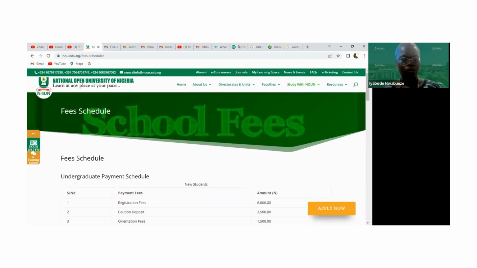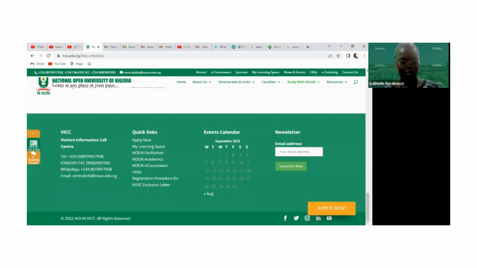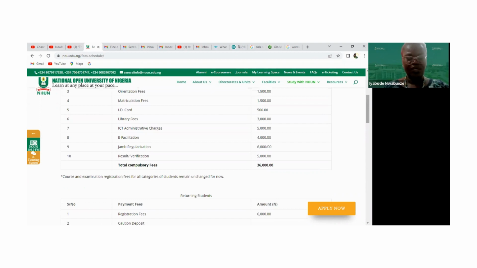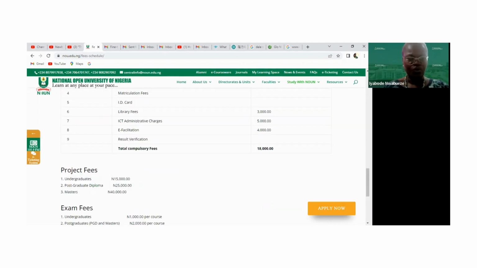I know for undergraduates, you pay 1,000 naira. I actually thought everything was there because I scanned through, but I don't know why I'm not seeing the course registration. For course registration, you are expected to pay for each course that you are taking. You are paying 1,000 for undergraduate, and I think 2,000 for the postgraduates.